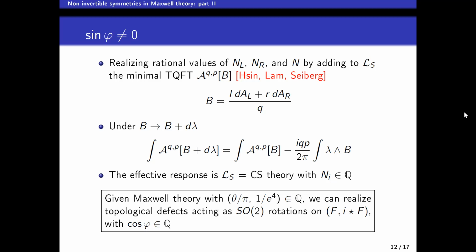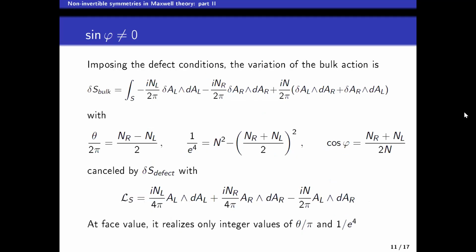So when you do the variational principle, you can just vary A right and A left. In turn, you know how this Lagrangian here varies. And so you can adjust the coefficients, which are all integers, in such a way that the bulk variation here is canceled. Roughly speaking, we are allowing for fractional Chern-Simons levels.